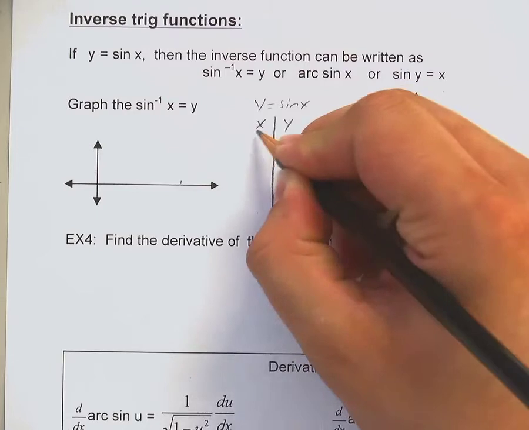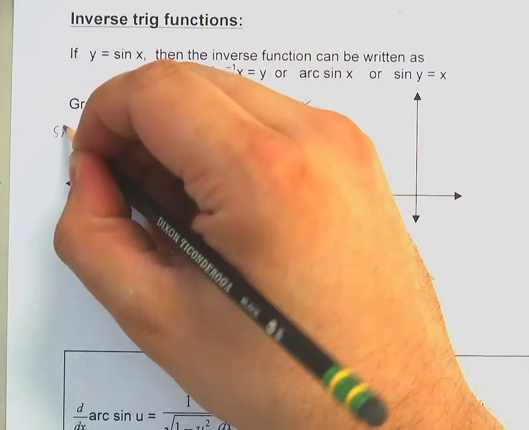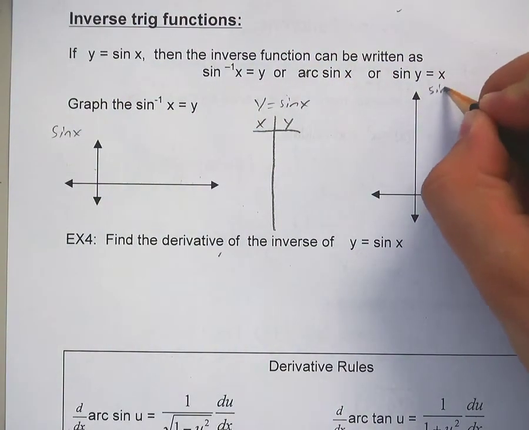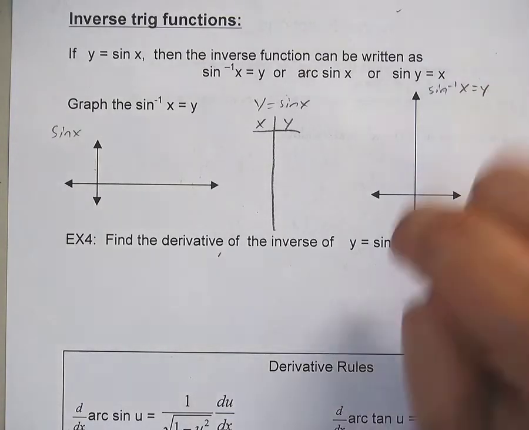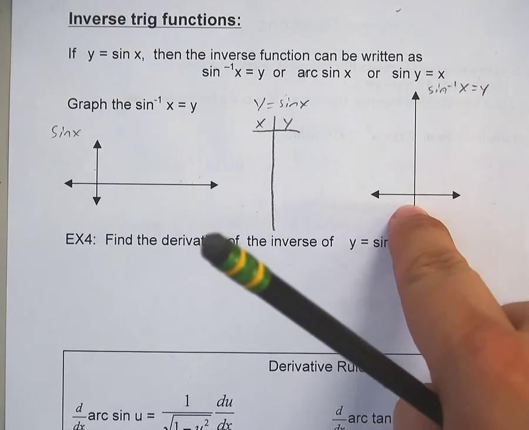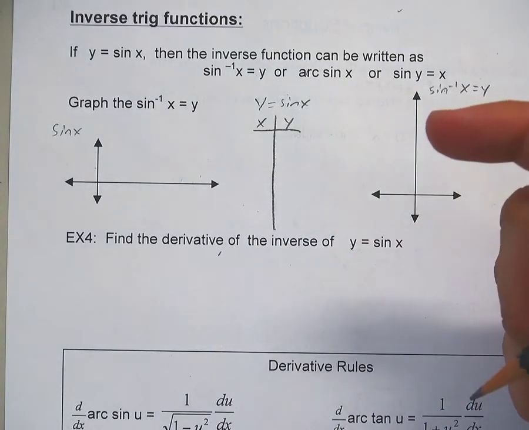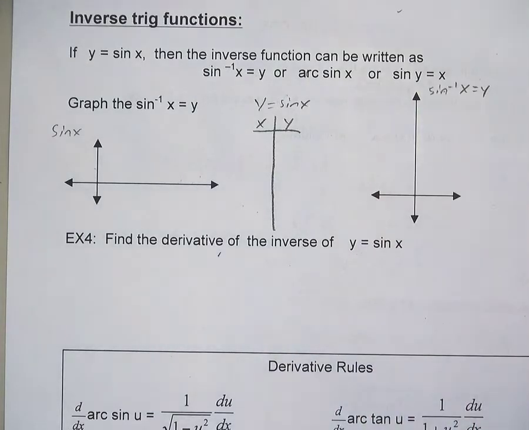I'm going to come up with a t-chart so that we can graph sine of x over here, and then the inverse sine of x over here. Now if you trade your x and y values, you can think of this as a reflection. So your x and y values are trading off.